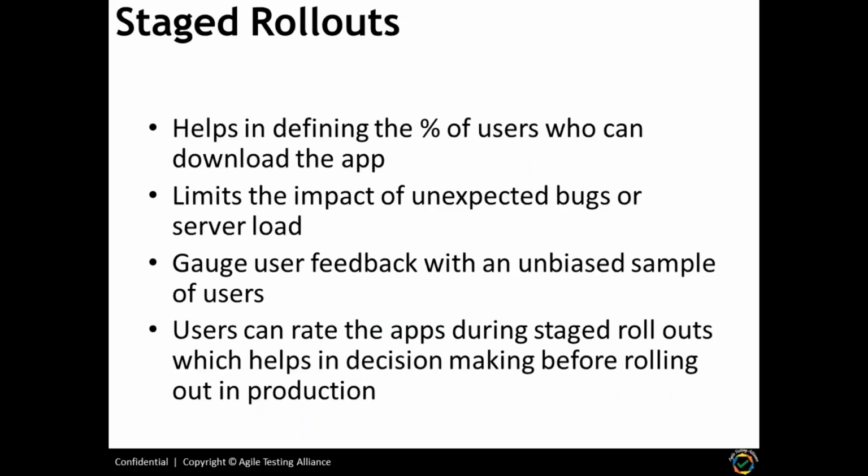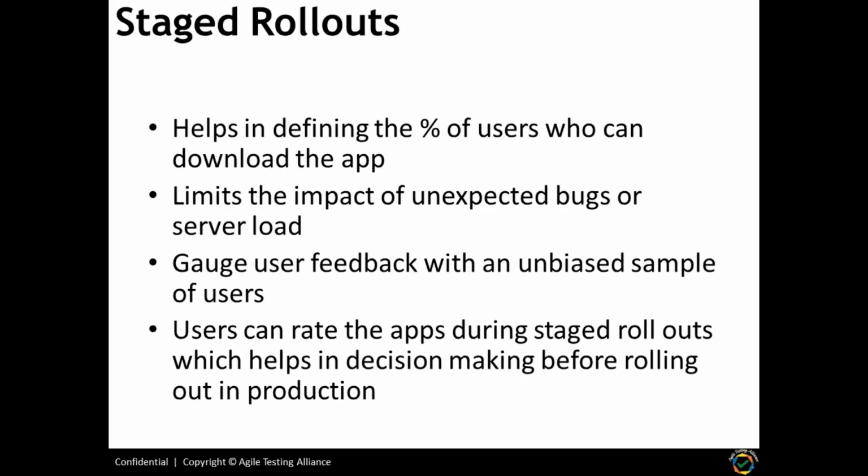Now coming to the next part, that is staged rollouts. As the name suggests, when we are going to roll out an app to a larger number of users, or publish the app in the App Store, before that you can do a stage rollout. You can distribute the app within your team members, within your friends, and gauge the feedback.